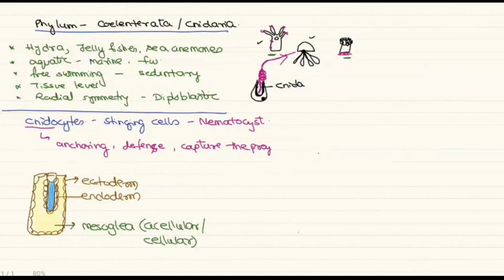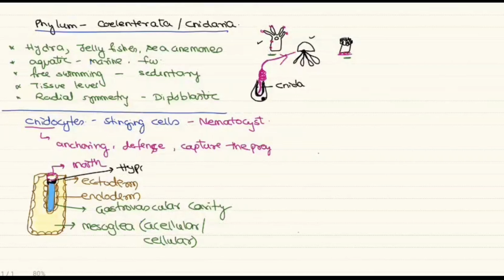This central cavity or central canal is called the gastrovascular cavity. Of course, the opening is called the mouth. And the mouth is present on a small structure called the hypostome. Hypo means below, stoma is the mouth.